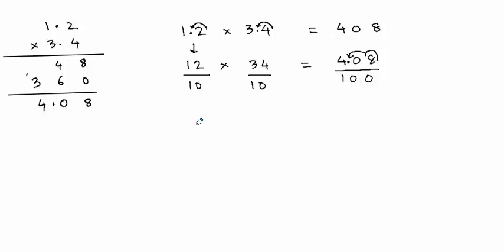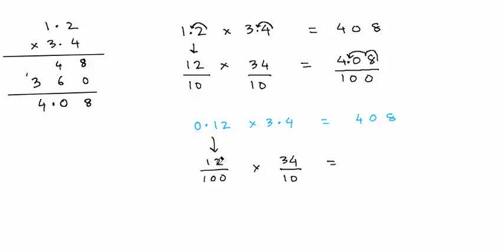And then how about trying to multiply, let's say, 0.12 with 3.4? Because we still have a 12 and a 34 here, the answer is still going to have a 408 in that order. But then 0.12 is 12 divided by 100 this time, 2 places over to the left, multiplied with 34 over 10.